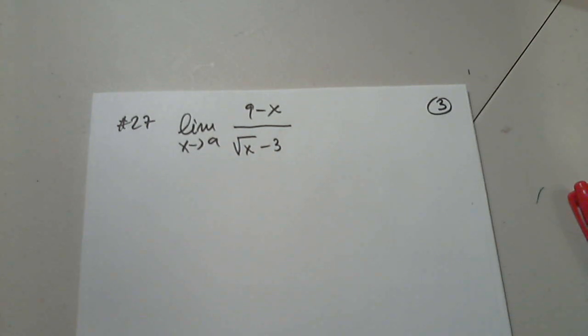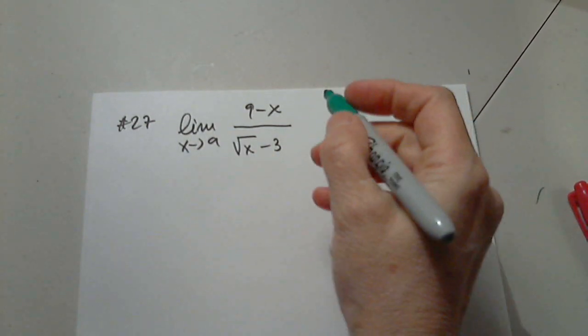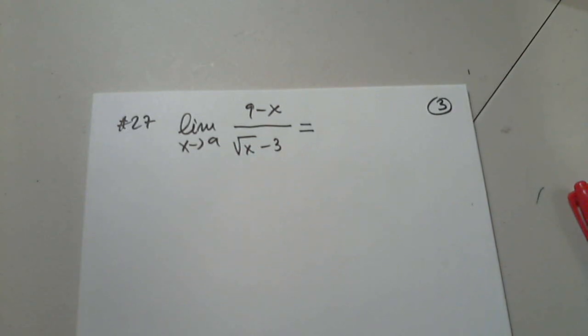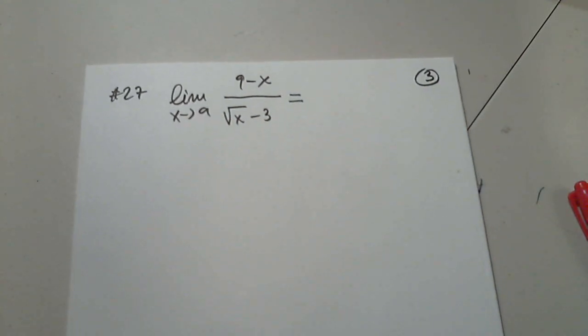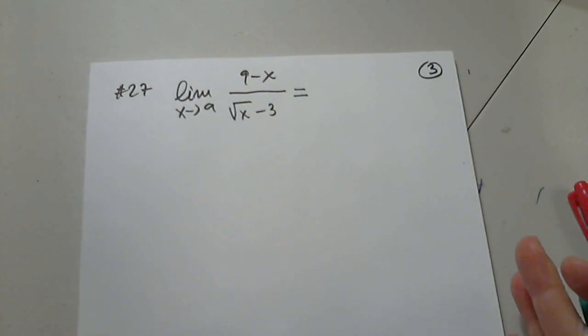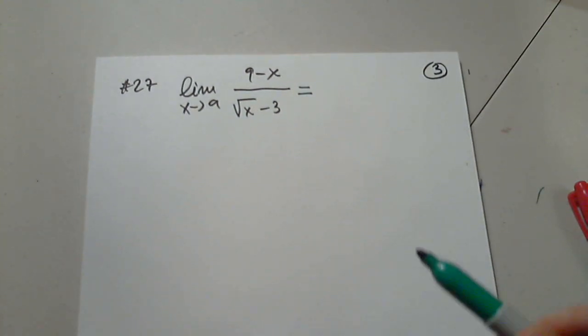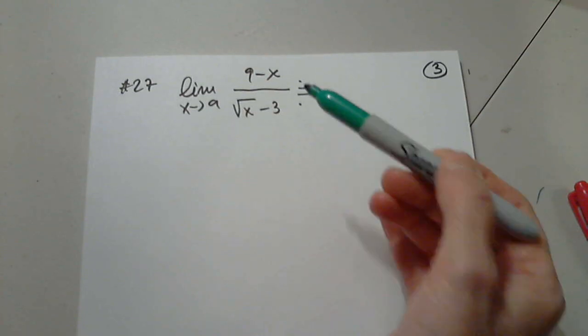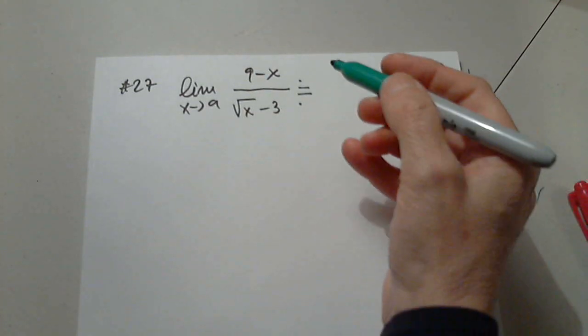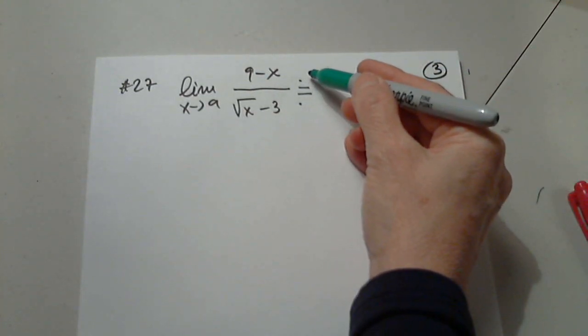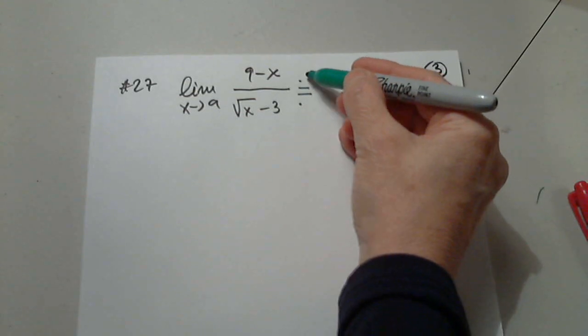Regardless of what the function looks like, we still have to find the initial assessment. Can anyone give us the initial assessment? 9 minus 9. We're just plugging in x, correct?